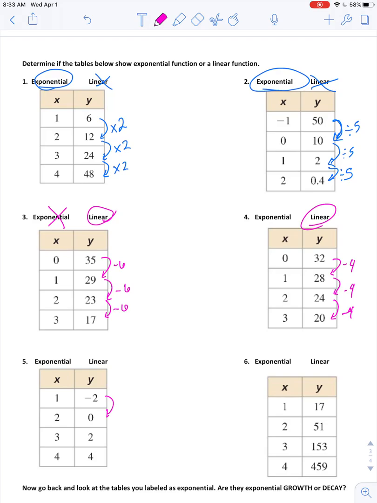And our last two here. What's going on in 5? It's from -2 to 0. I could either multiply by 0 or I could add 2. So let's try multiply by 0. And 0 times 0, well, that wouldn't get me 2, so that can't work.